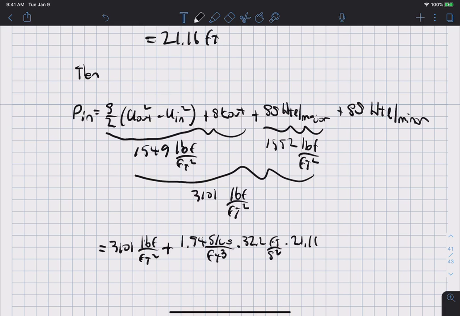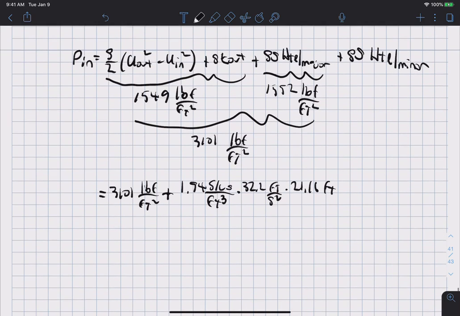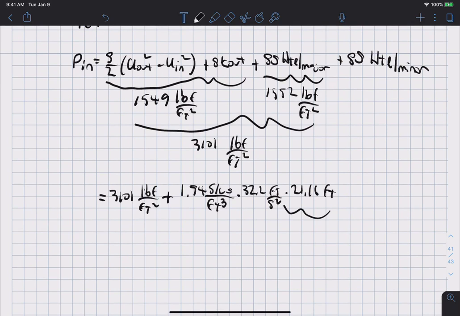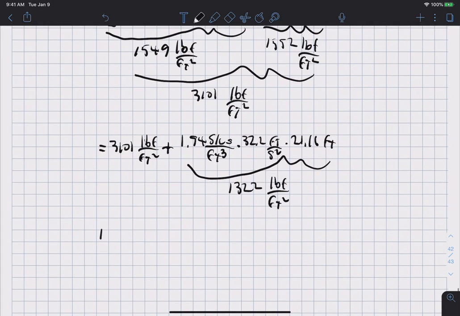which is 21.16 feet. If we punch in those numbers and convert it to pound force per foot squared, which in your homework I expect you to do, that equals 1322 pound force per foot squared. So then P in for this case is equal to 4423 pound force per foot squared, and that equals 30.7 psi gauge pressure.